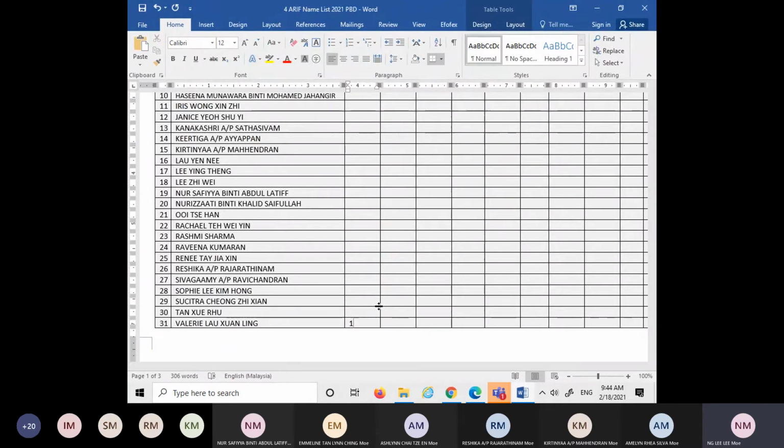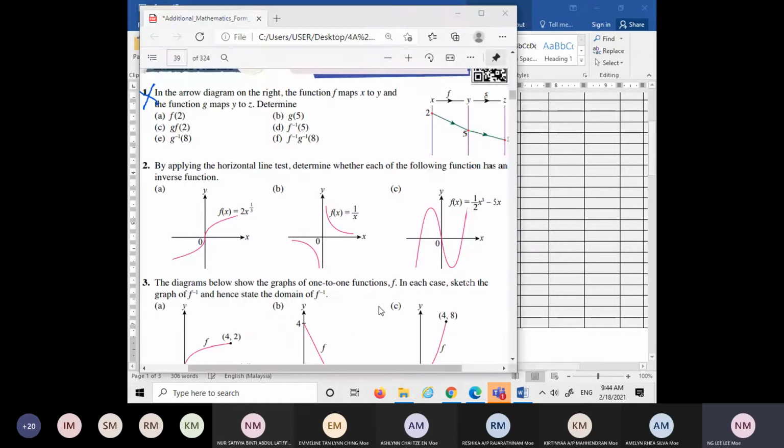Xue, you answer for B. This one, when you do the horizontal line test. No inverse function. Sorry.